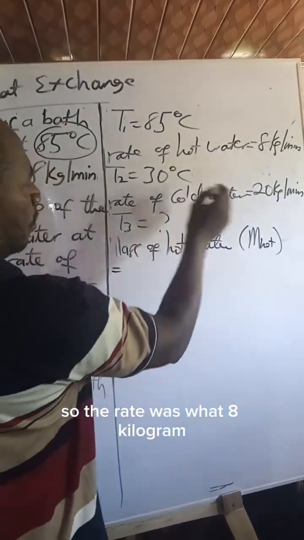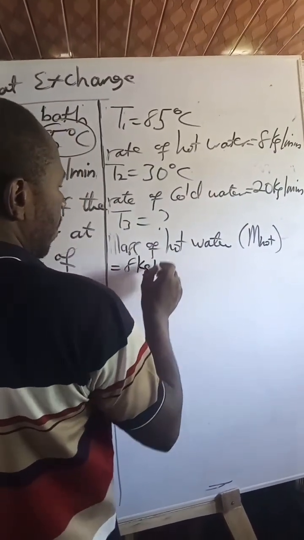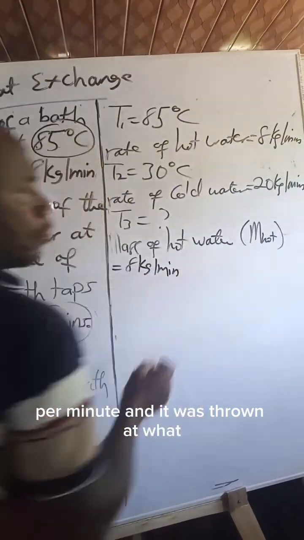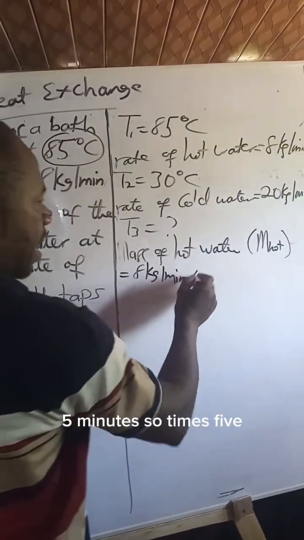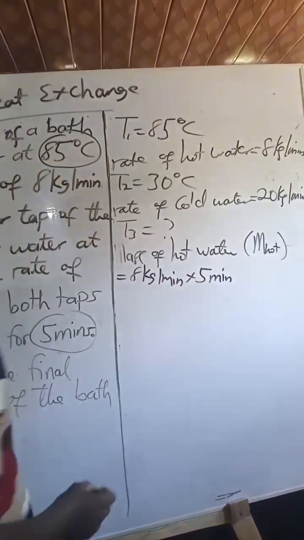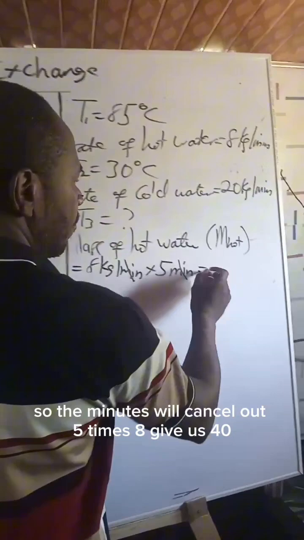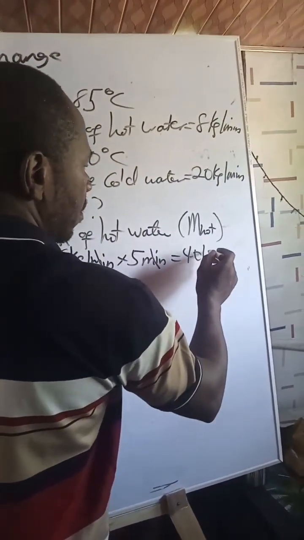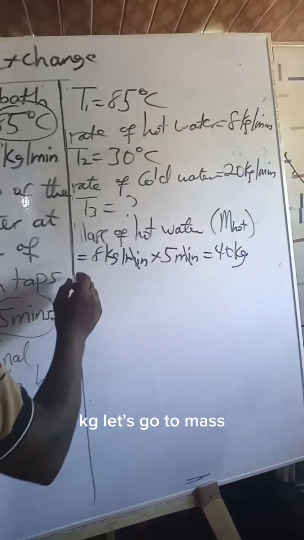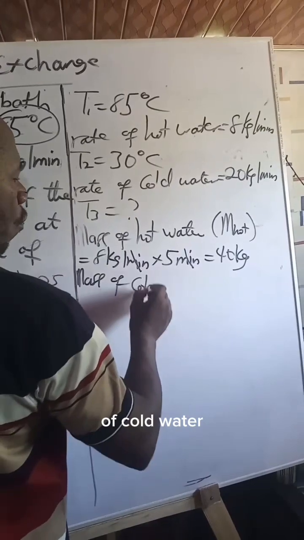The rate was 8 kilogram per minute, and it was flowing for 5 minutes. So times 5. The minutes will cancel out. 5 times 8 will give us 40 kilograms.